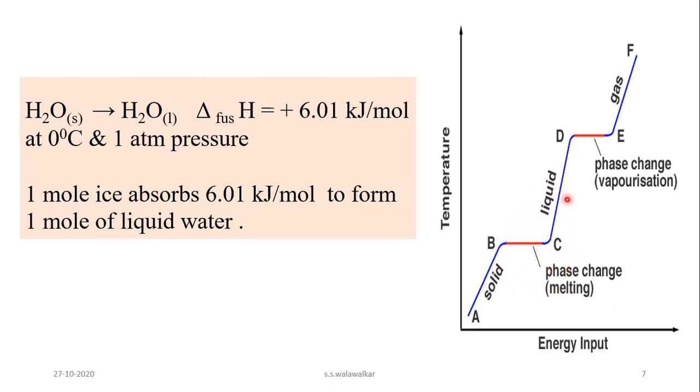Here both solid and liquid are present, and the corresponding temperature is how much? 0 degree Celsius. So at 0 degree Celsius solid ice is also there and liquid water is also there, and they are in equilibrium with each other, and that is called a phase change. And whatever heat change takes place during this is called the enthalpy of fusion.